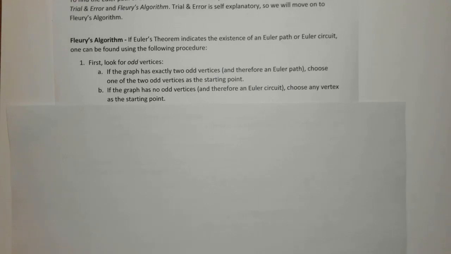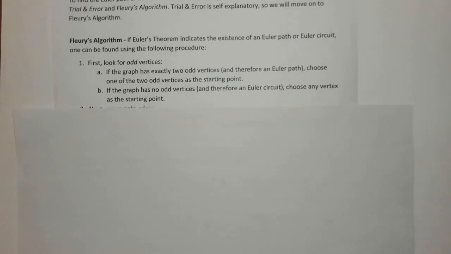If you have two odd vertices, then you have an Euler path, but not an Euler circuit. And you will choose one of the two odd vertices as the starting point. If the graph has no odd vertices, so it's an Euler circuit, you can choose any vertex to start with. And of course, if you have more than two odd vertices, you have neither, so you can move on.